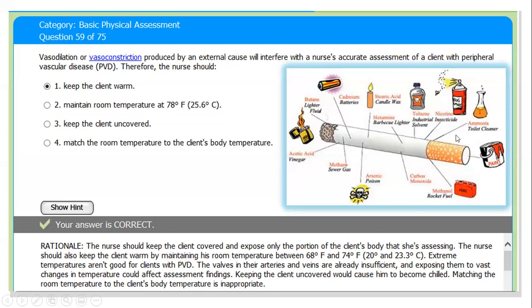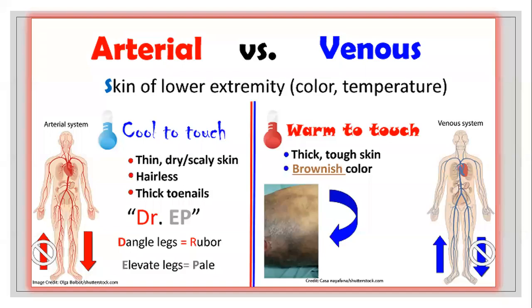So here showing the risk factor of peripheral vascular disease. Smoking is the most important cause of this. And here showing when peripheral vascular disease is because of arterial defect or because of venous insufficiency, how you distinguish, compare, contrast.